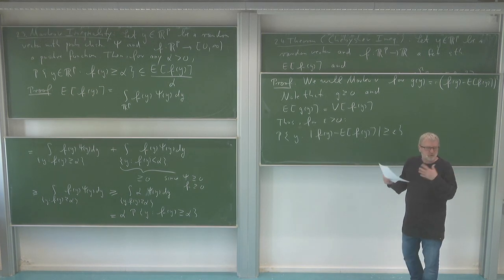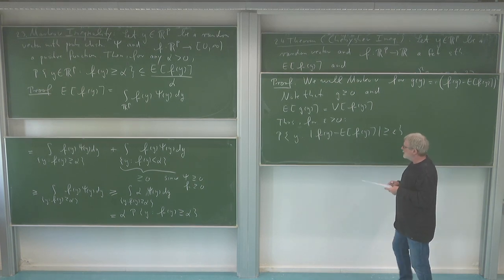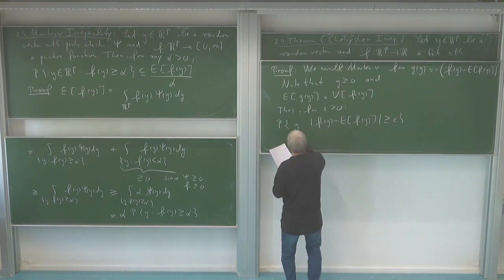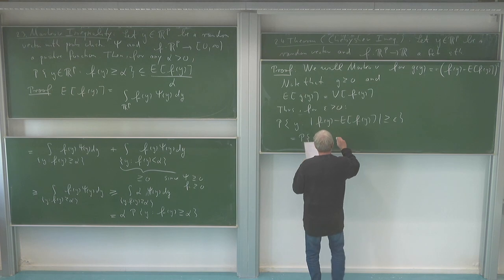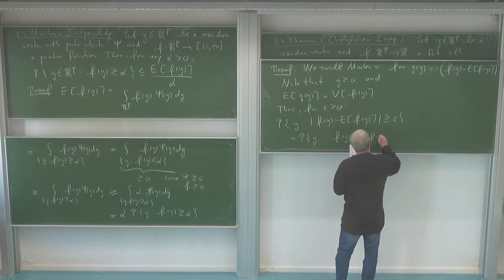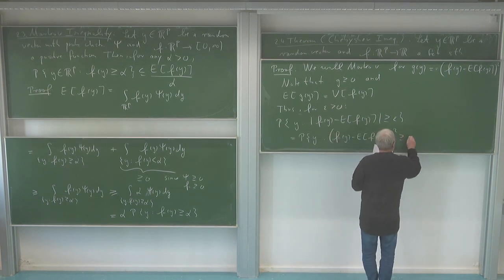Squaring is monotone, so the inequality is still the same. So this is the same as the probability of the y's for which the square of f of y minus the expectation of f of y is bigger than epsilon squared.